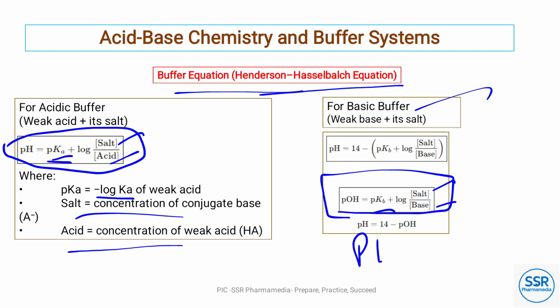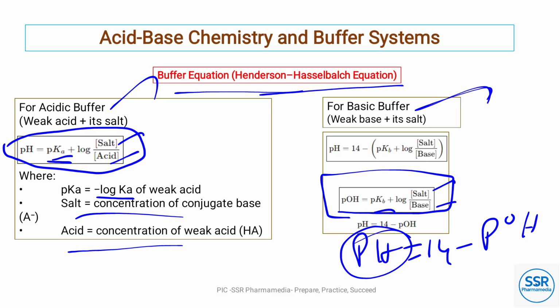And pH is equal to 14 minus pOH, which gives the pH value. So that is the difference between the acidic buffer and basic buffer equations. Commonly both equations are called the Henderson-Hasselbalch equation, the buffer equation.